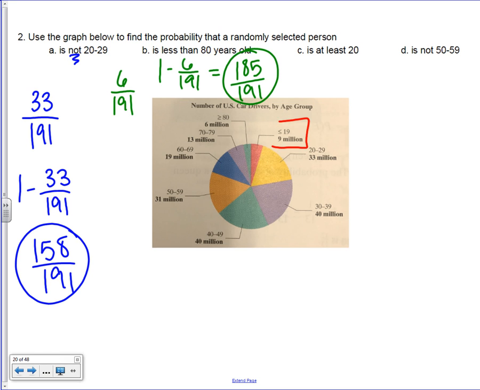Well, this group is less than 20. So I can either add up all the ones that are not that, or I can find my probability using that and subtract it from 1. So 9 million out of a possible 191. Subtract that, and you get a probability that will be 182 out of 191.